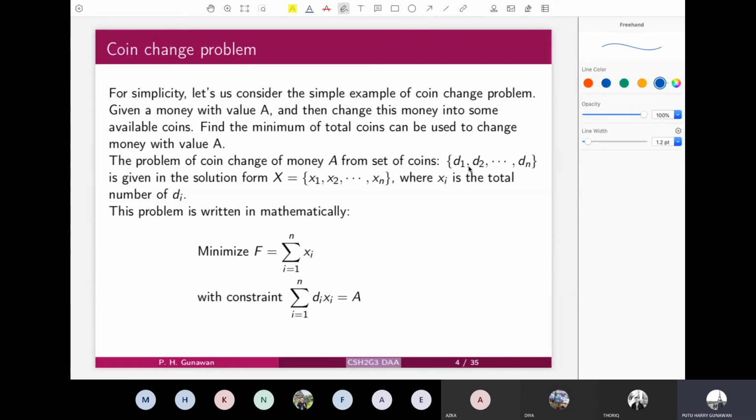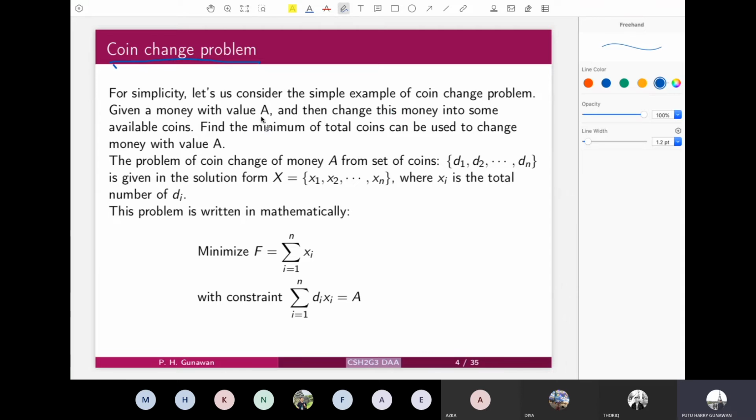So what is that in detail? Now we go to the problem. This is a very famous problem, the coin change problem. Let's consider a simple example of a coin change problem.